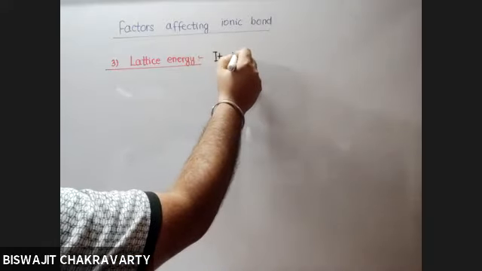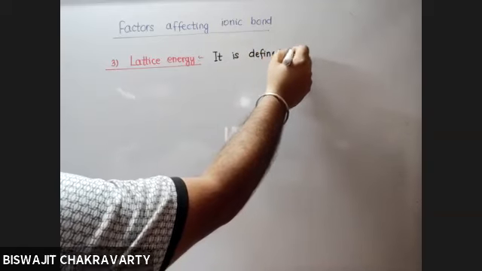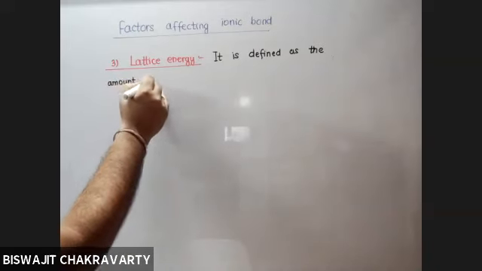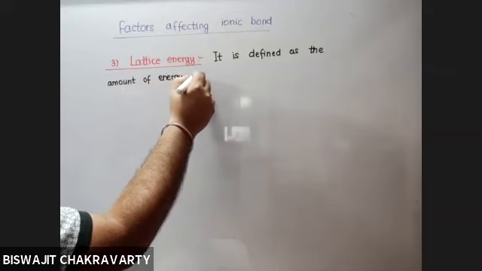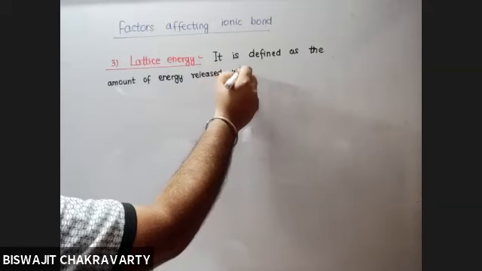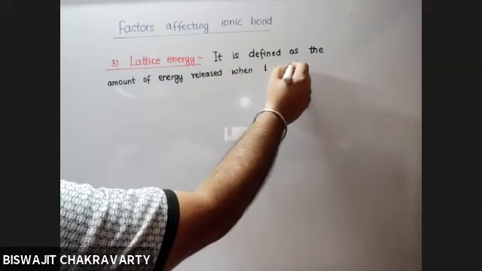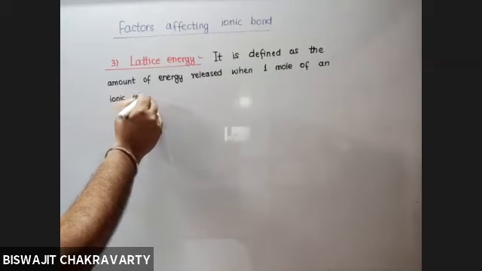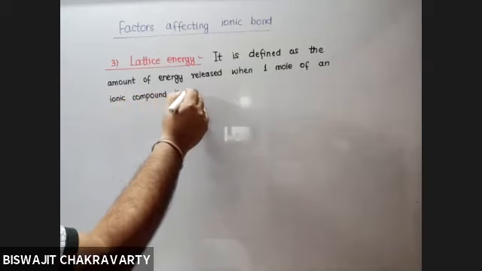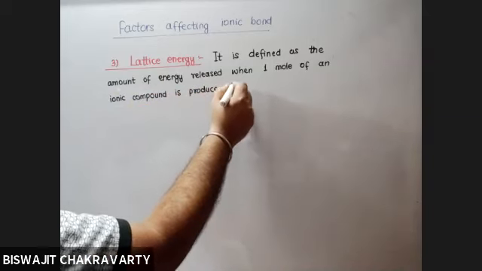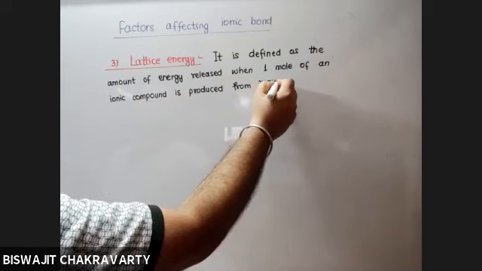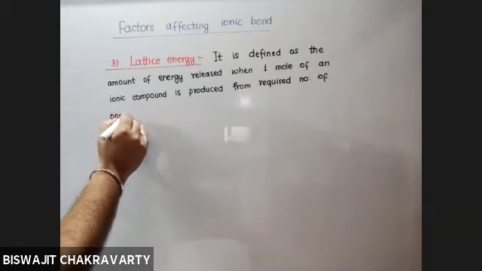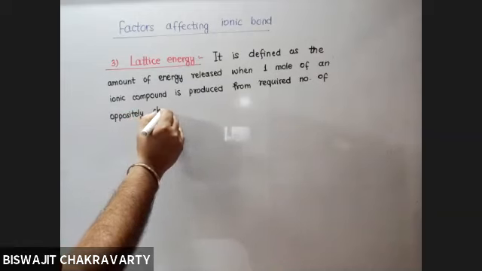It is defined as the amount of energy released when 1 mole of an ionic compound is produced from the required number of oppositely charged ions.